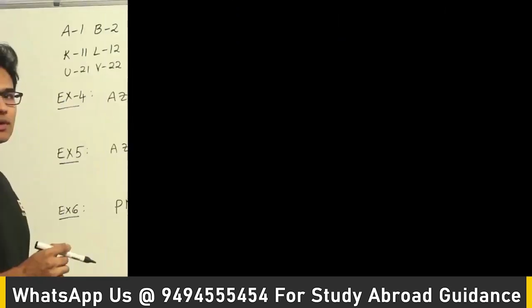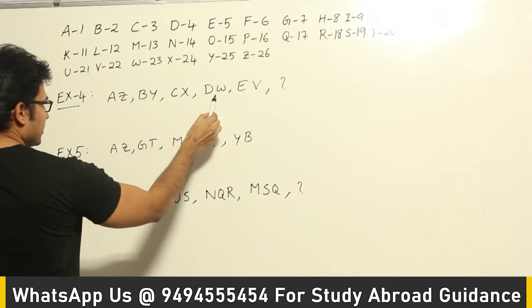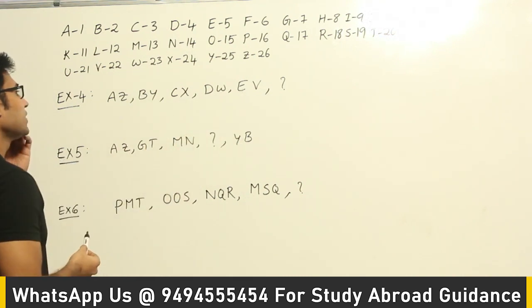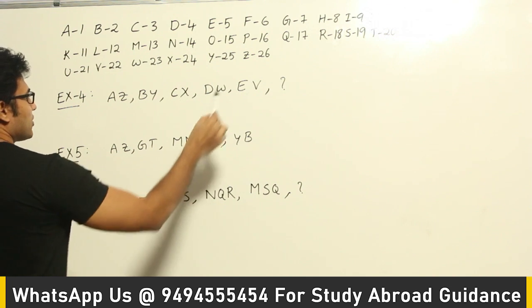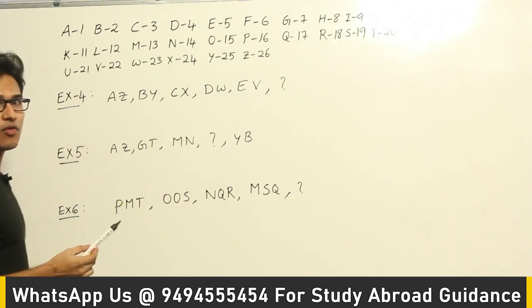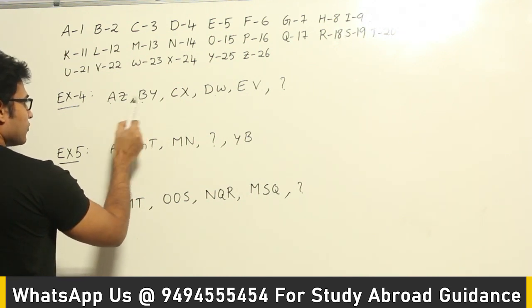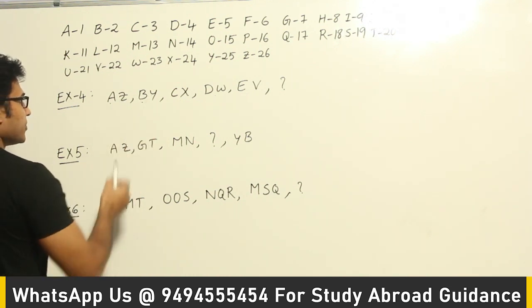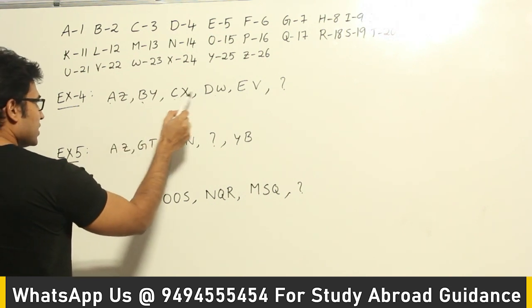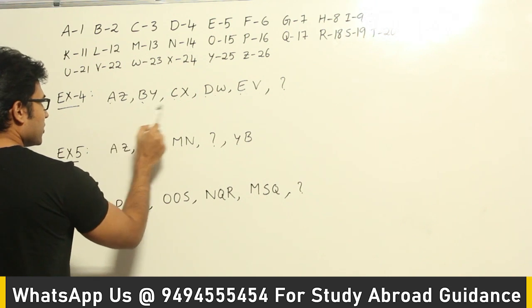Okay. Now let's see these examples. AZ, BY, CX, DW, EV are given. In this one we are supposed to find out the next pair of letters. Now the first one is A, second one is B. I am talking about the first letter in every pair: A, B, C, D, E. Therefore if you see this, they are incrementing by 1. A to B, B to C, like this.